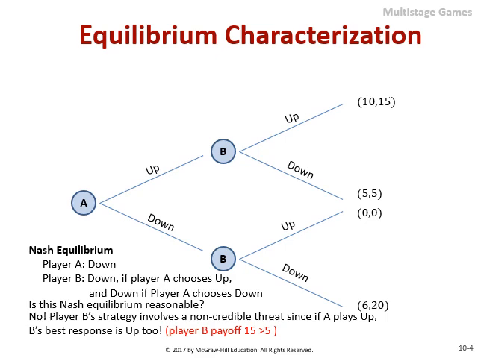So in the Nash equilibrium we have just written, the best response for player B should be to play up when A plays up, and not down. So there is something wrong with this Nash equilibrium. It's not reasonable, because this is not the best response given that player A plays up.